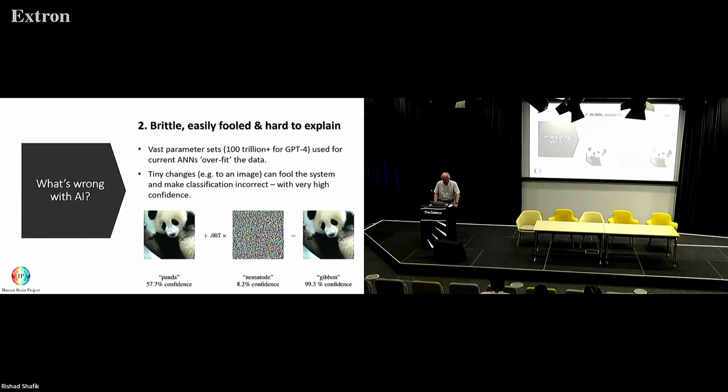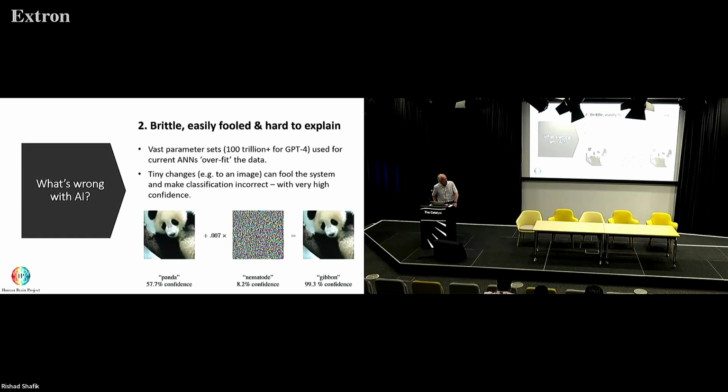So an example here is the picture on the left, which I think as humans we can look at and say with a fairly high degree of confidence that that looks like a panda. And then if you add some random noise to that, which the system will classify as a nematode.